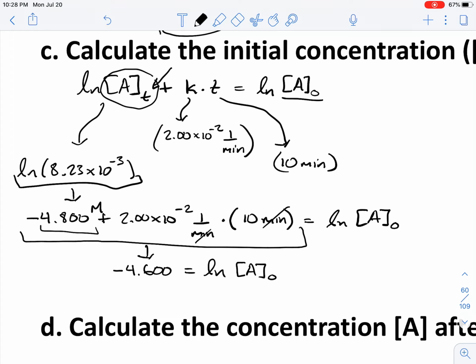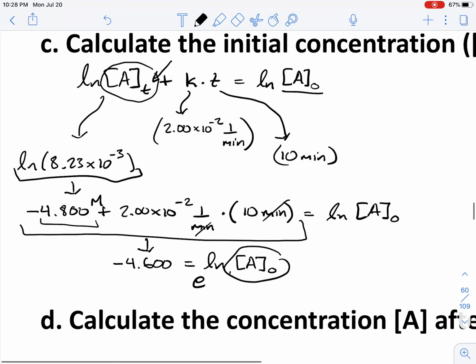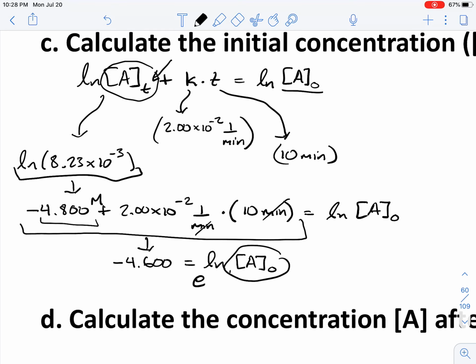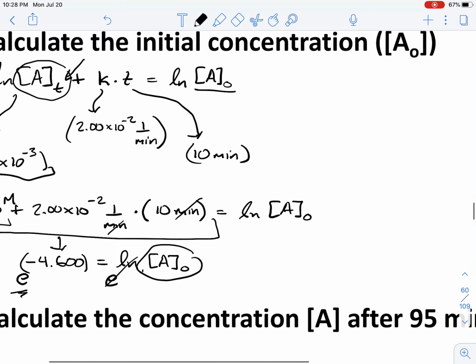And so to solve for this term, we're going to perform the opposite operation of the natural log. And so we're going to take the anti-natural log. We're going to e both sides of this equation. And so in your calculator, you're going to press second natural log, or second ln, and your e should pop up. Then you're just going to go ahead and type in negative 4.600.